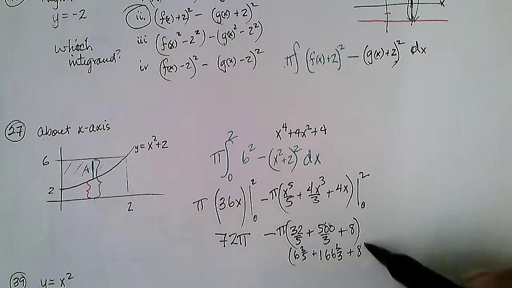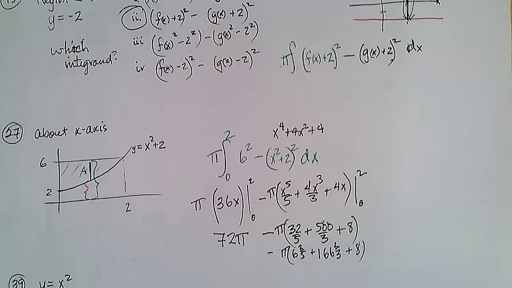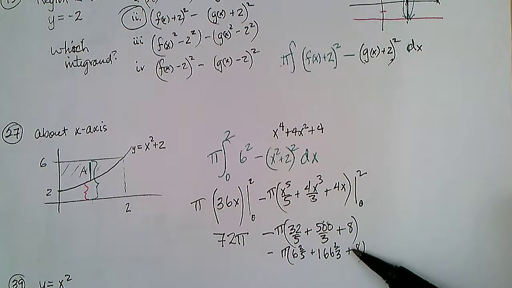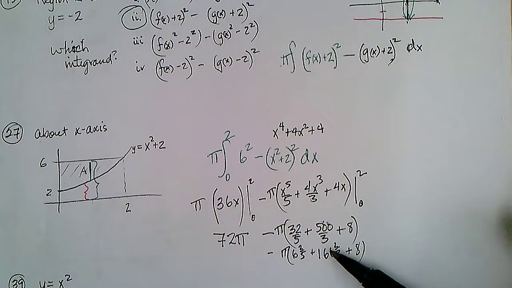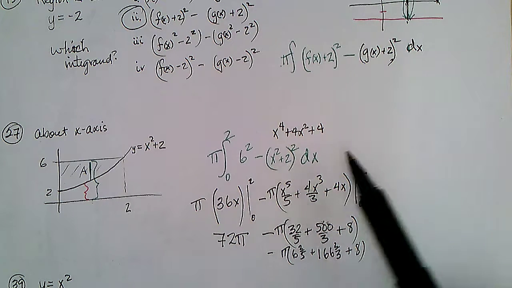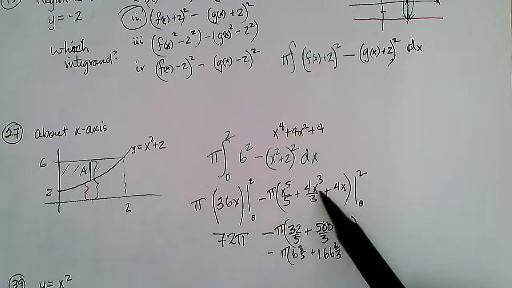And all of this is times pi and subtracted from that. Oh, that doesn't seem right, because we're going to get a negative answer here. And we shouldn't get a negative answer. So what did I do wrong? X squared plus 4. So all these are subtracted.